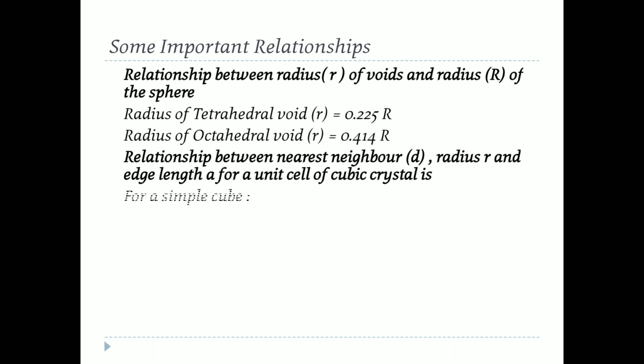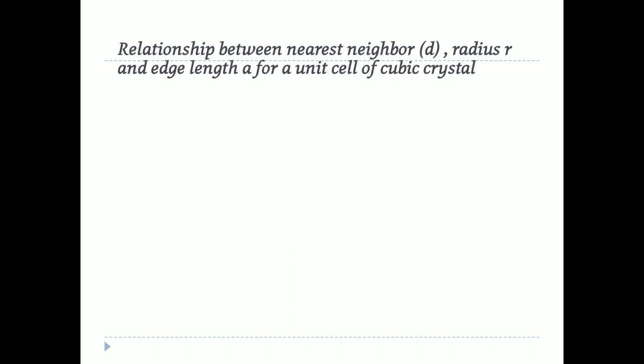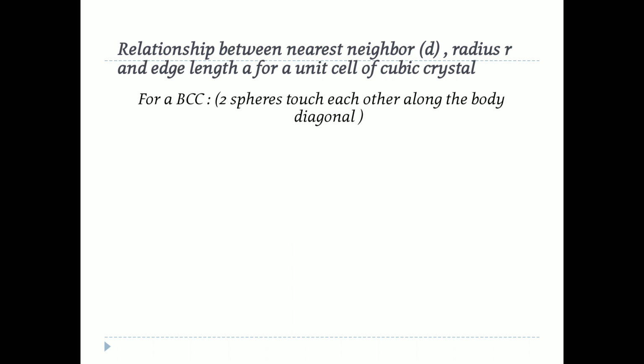So now for a simple cube, we know that the particles touch along the edge. Therefore, A is equal to 2r, or r is equal to A divided by 2. Hence, D is equal to A. For BCC, we know that the particles touch along the body diagonal.